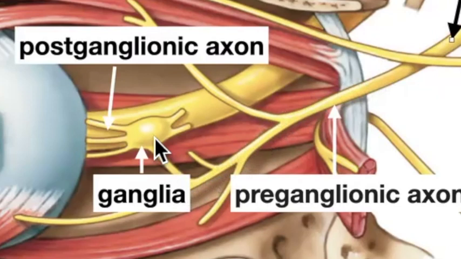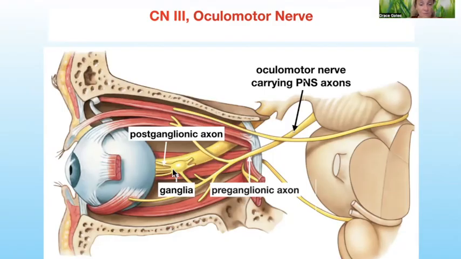These parasympathetic nervous system fibers sort of hop off and go to a ganglia. And then there are postganglionic axons beyond the ganglion neurons, which are the cell bodies of the postganglionic axons.